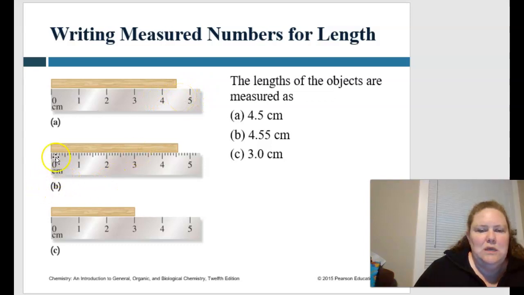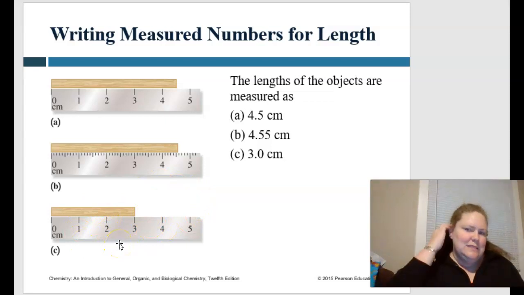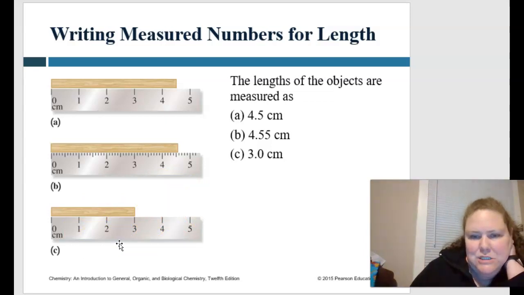Where if we use B, you can see that there's millimeter markings, not just the centimeter markings. So we can get a little bit more of an accurate measurement. And you can see that it's 4.5 and a little bit more, not quite to 6. So it's 4.55. Okay. Where, again, we go back to a larger, not as detailed scale. And then that just shows you that that's going to be about 3 centimeters.